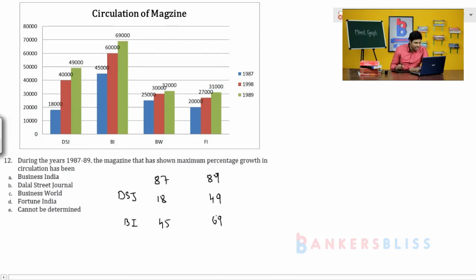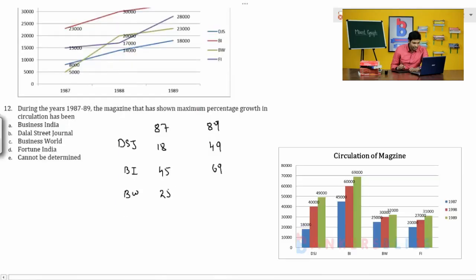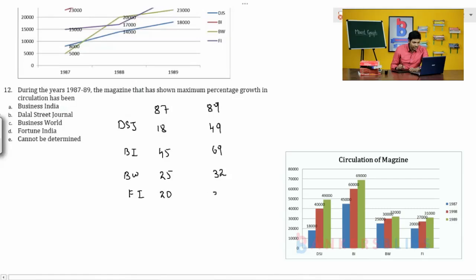Next, after Business India you have Business World, 25,000 and 32,000. Next, after Business World you have Fortune India, 20 and 31. So which magazine shown maximum percentage growth?